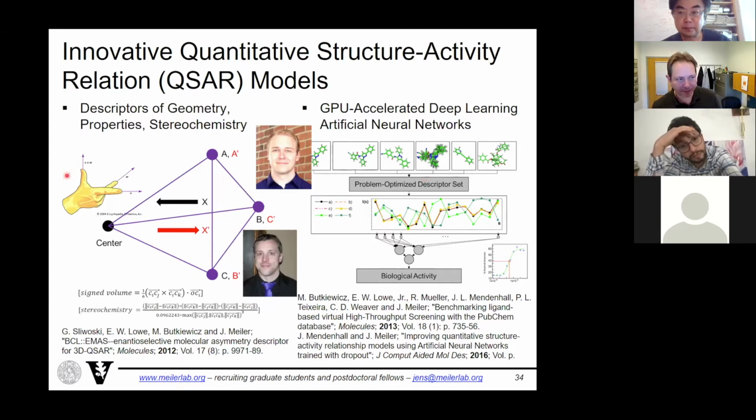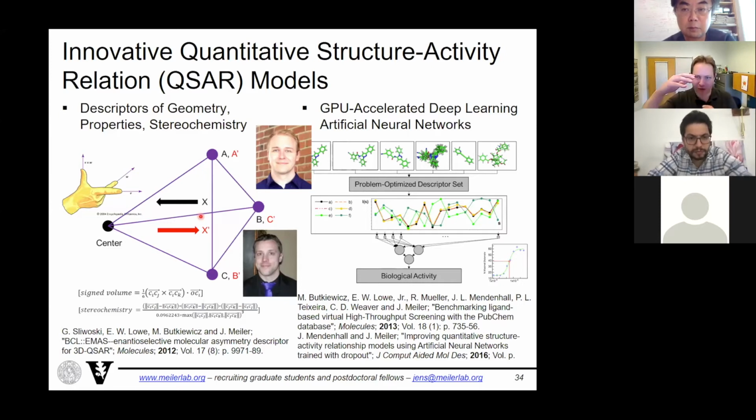So we developed this descriptor that takes 3 atoms and the center of mass and determines, from the shape of all of the triangles between 3 atoms, all the triplets of atoms in a molecule, a volume that is signed.